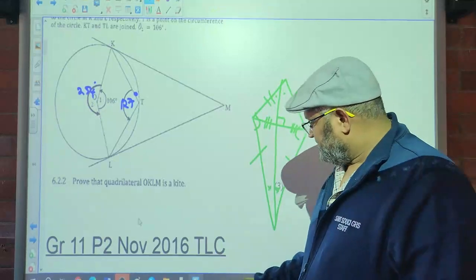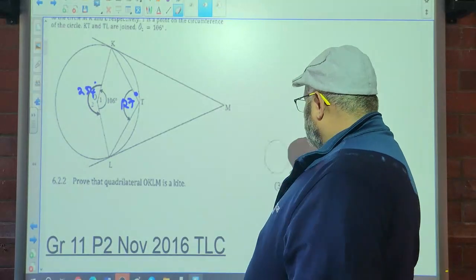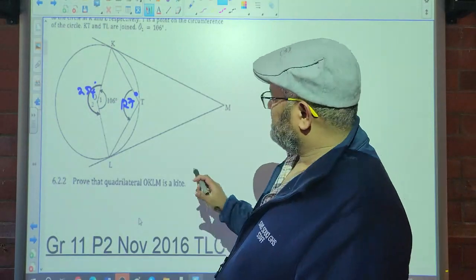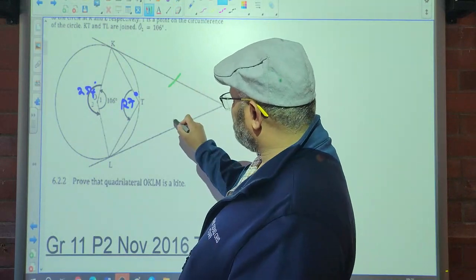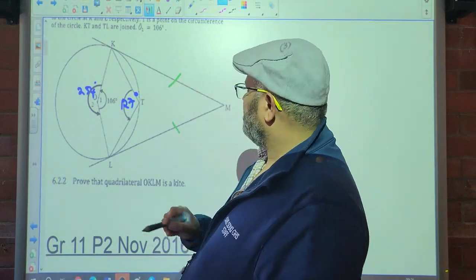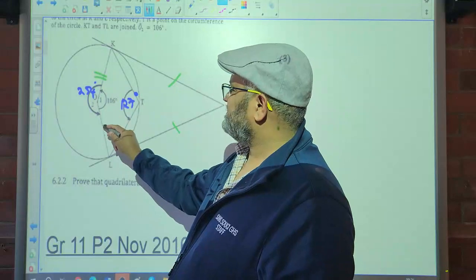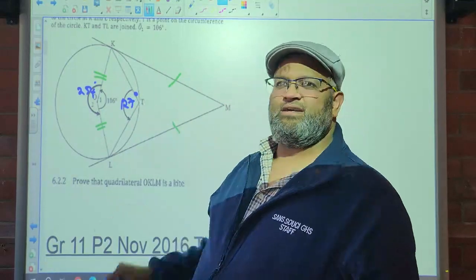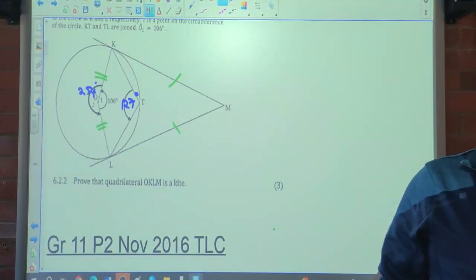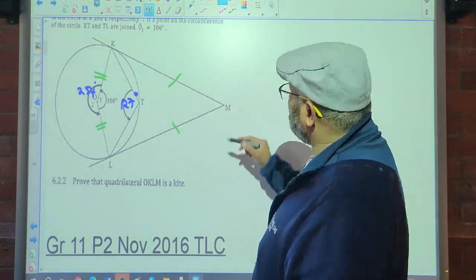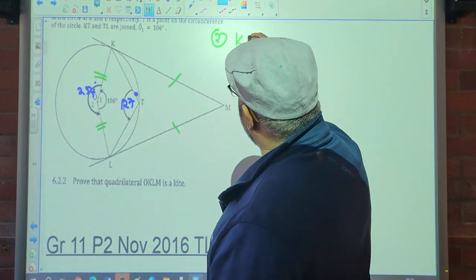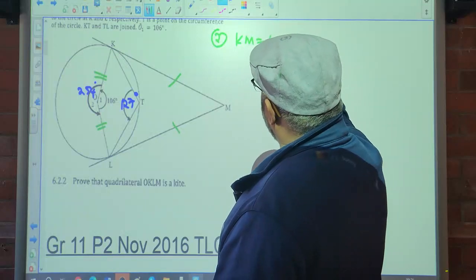Okay, so to prove this is a kite, what did we say earlier on? We know that that length is equal to that length, not so? And we know this length is equal to this length. So there we have a kite already, not so? That first property that we had. So how do we lay that out? We firstly say that KM is equal to LM.